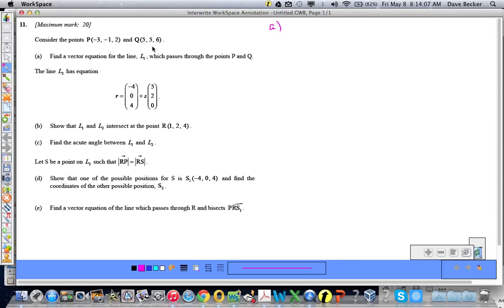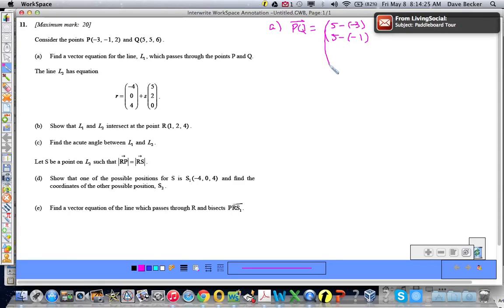We've got a plethora of points, and the direction is going to be in the direction of vector PQ, which is going to be 5 minus negative 3, 5 minus negative 1, and 6 minus 2. And that is going to give us 8, 6, 4.